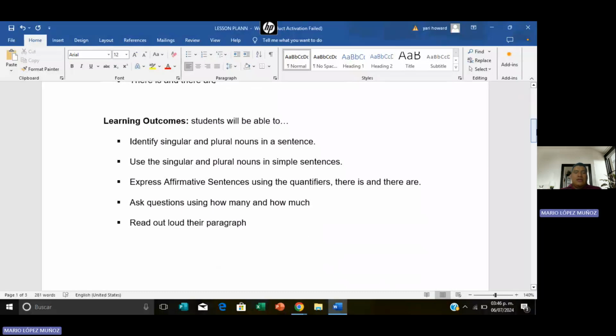They would also ask questions using how many and how much, which deal with countable and uncountable nouns. And finally, they are going to read aloud the paragraph or the reading text that will be described later on.